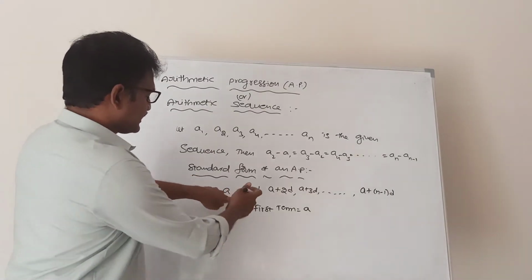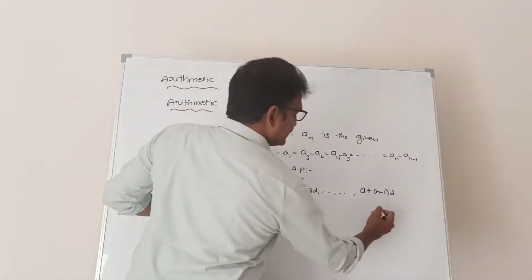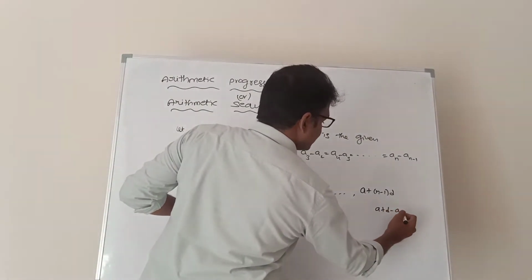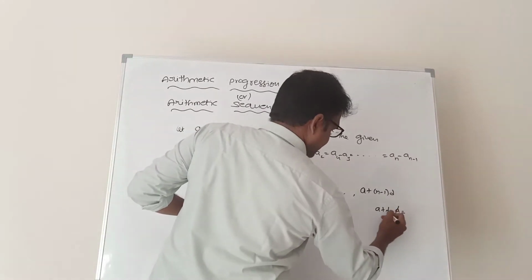Common difference. Observe, second term minus first term is how much? A plus D minus A equals D, A gets cancelled.